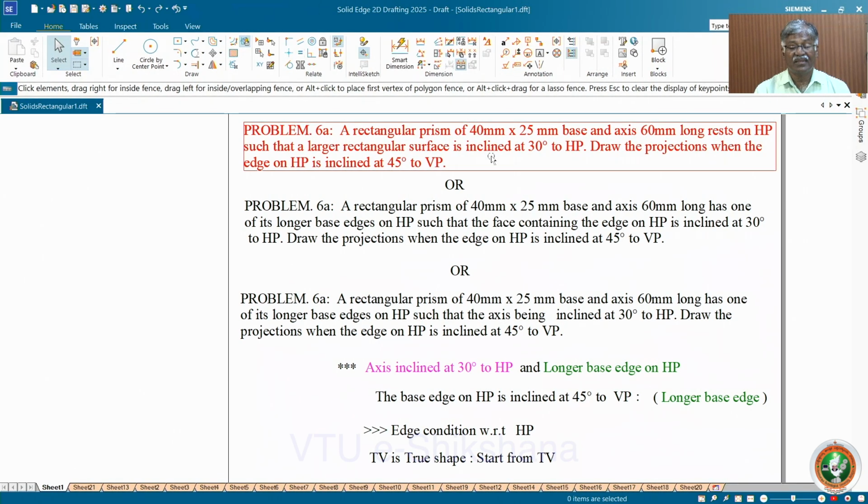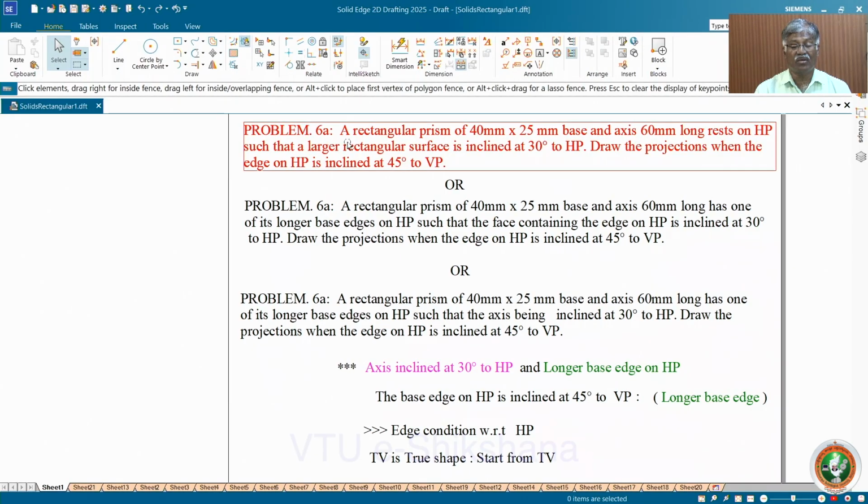Actually, this question never specifies which side of the base is on HP. We have to decide. Since he has given larger rectangular surface, as I explained earlier, we have 2 larger surfaces and 2 shorter, smaller surfaces.